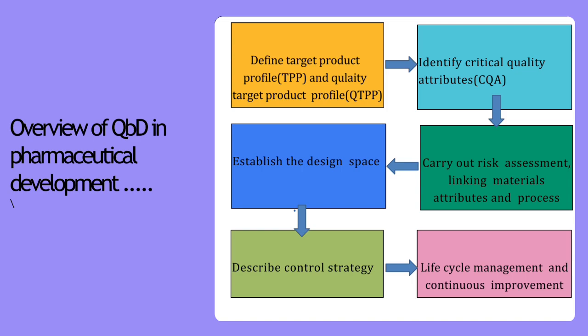We need to carry out the risk assessment, linking materials, attributes, and the process. We are establishing the design space. Then we have to work on the control strategy. Finally, life cycle management and continuous improvement.